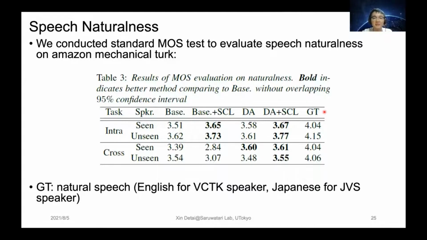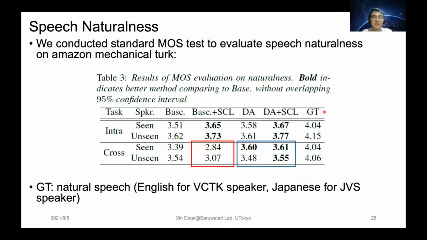In the subjective evaluations, the speech naturalness is evaluated by a standard MOS test, which is conducted on Amazon Mechanical Turk. You can see in this table that the DA plus SCL model obtains the best performance. If we focus on intralingual tasks, we find that models using SCL obtain the best performance.